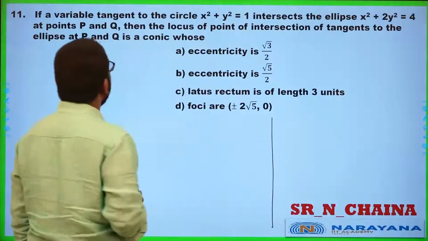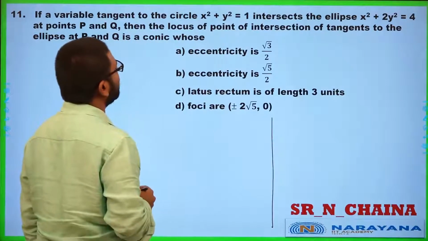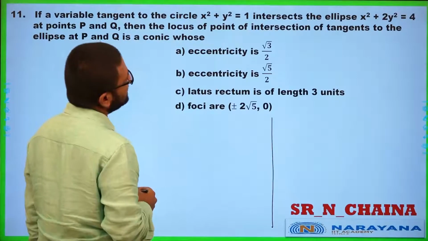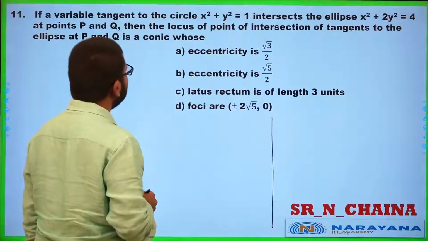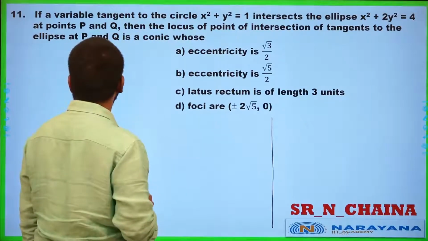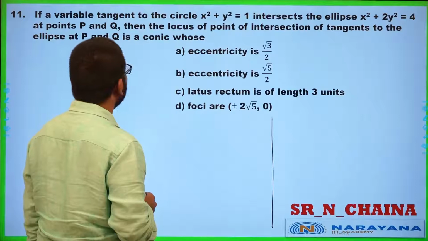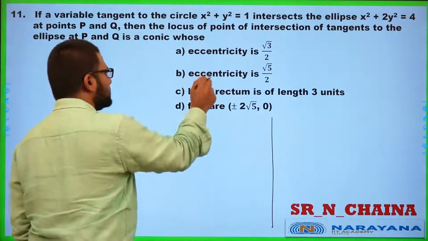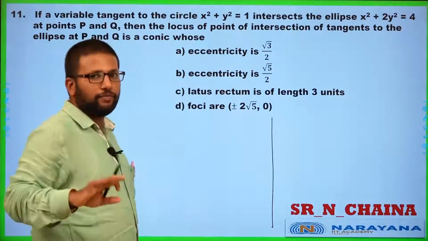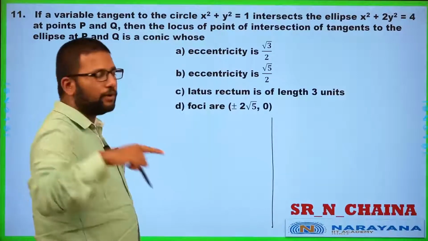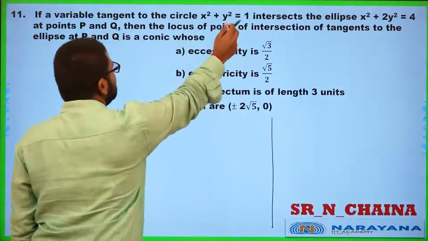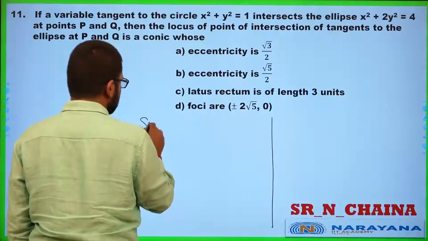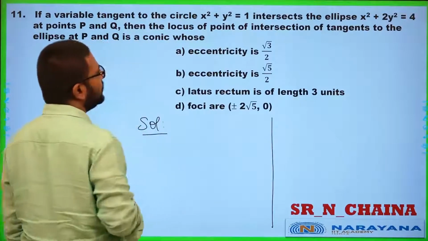If a variable tangent to the circle x square plus y square equal to 1 intersects the ellipse x square plus 2y square equal to 4 at points P and Q, then the locus of the intersection of tangents to the ellipse at P and Q is a conic whose eccentricity, latus rectum, foci are asked. So we now need to find that locus, and for that locus we need to find all these other things. Okay. So first we have a circle, standard at origin and unit radius, right?